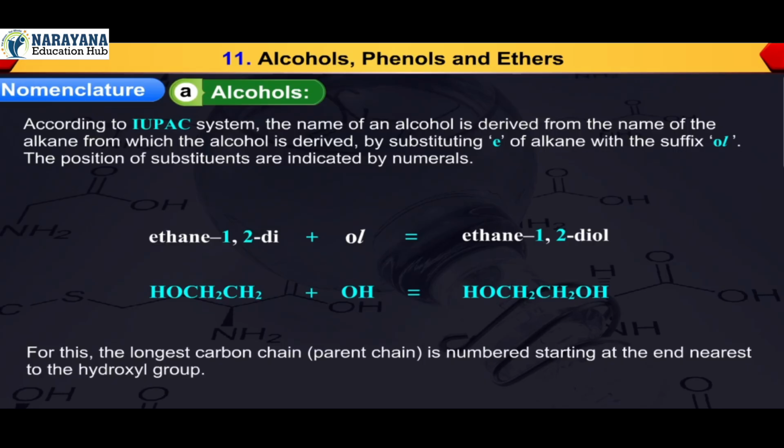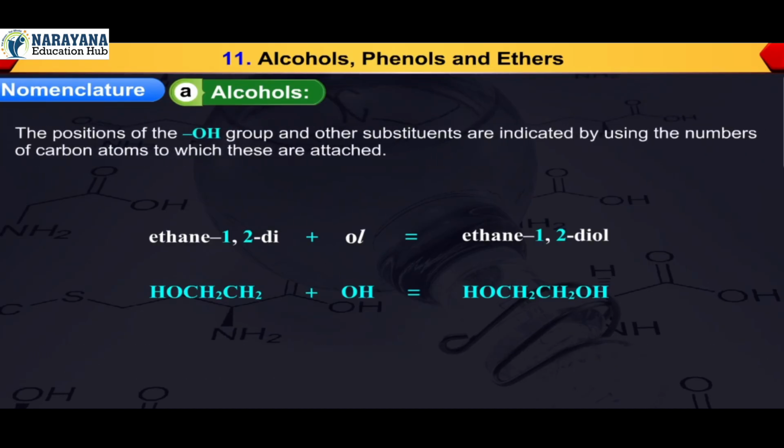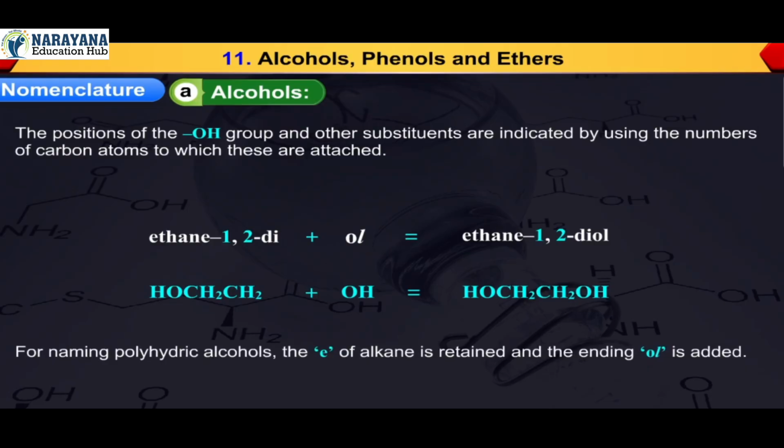For these, the longest carbon chain, that is parent chain, is numbered starting at the end nearest to the hydroxyl group. The positions of the -OH group and other substituents are indicated by using the numbers of carbon atoms to which these are attached. For naming polyhydric alcohols, the e of alkane is retained and the ending ol is added.